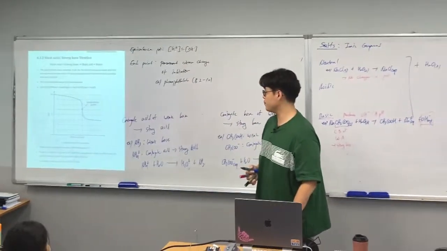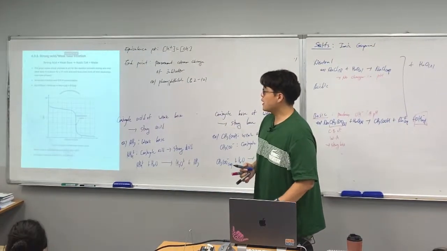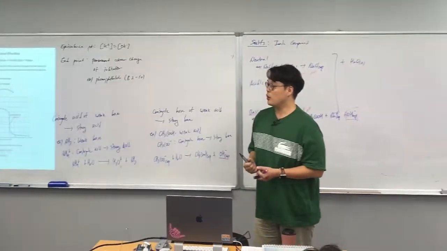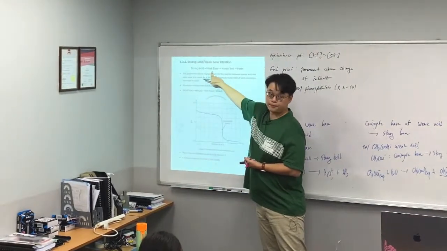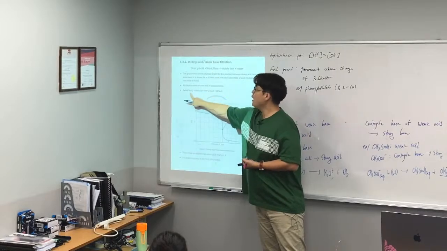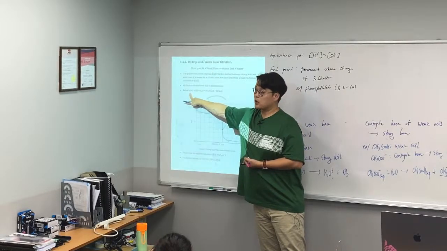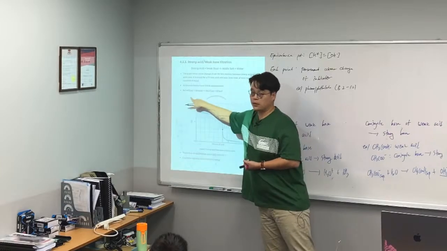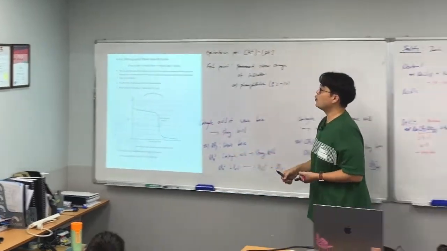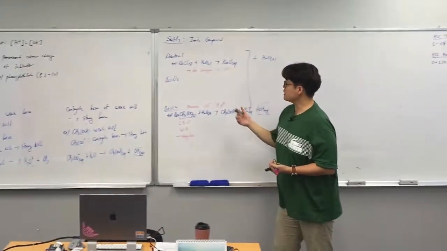We can also produce the acidic salt when we have a titration between a strong acid and a weak base. For example, hydrochloric acid reacting with ammonia solution, that's strong and weak, produces ammonium. So let's have a think here.